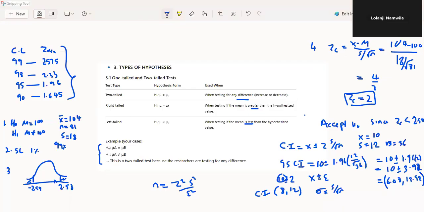Sorry? What's the question? Yes, when we found the significance level as 1%, we subtracted the 100 from the 99%.